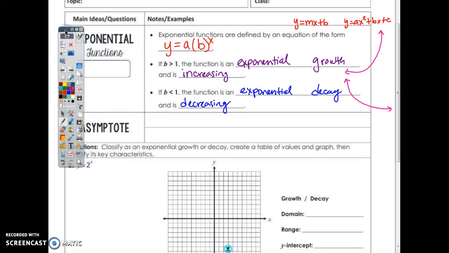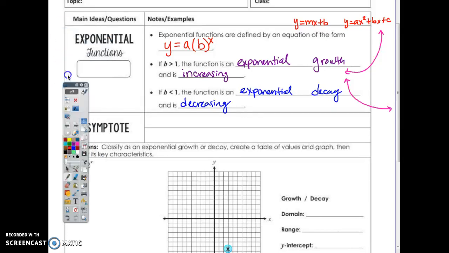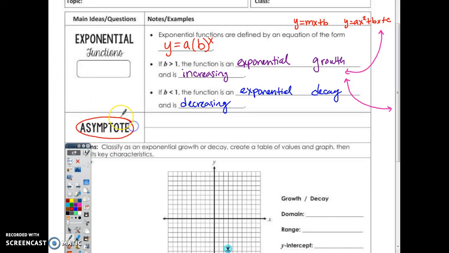Now, there's one more thing that I have to teach you about exponentials, and that's called the asymptote. Okay? And the asymptote is an imaginary line like this. Look. That's on the growth, and then on the decay, the same thing. So that's like an imaginary line. It's like a force field. I want you to write it right here. Think of a force field.